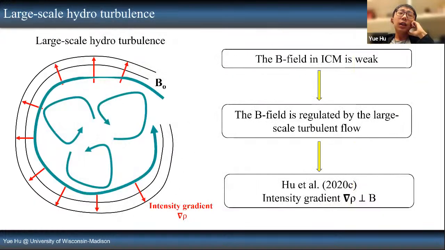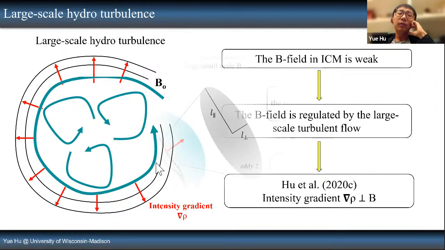The large-scale hydroturbulence has important properties because the magnetic field in the intracluster medium is very weak. Therefore, the magnetic field lines preferentially follow the turbulent flow. In this case, if we calculate the intensity gradient of the turbulent flow, we find the intensity gradient is perpendicular to the magnetic field.